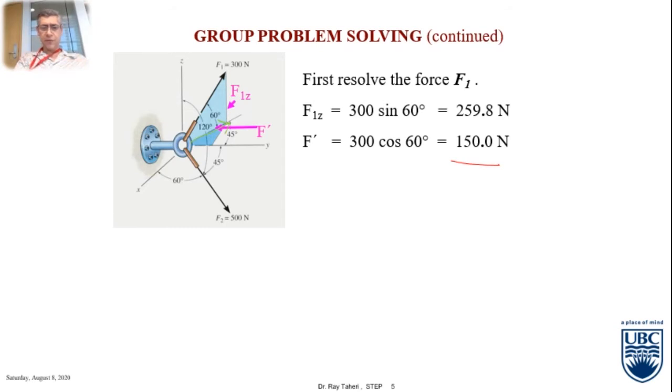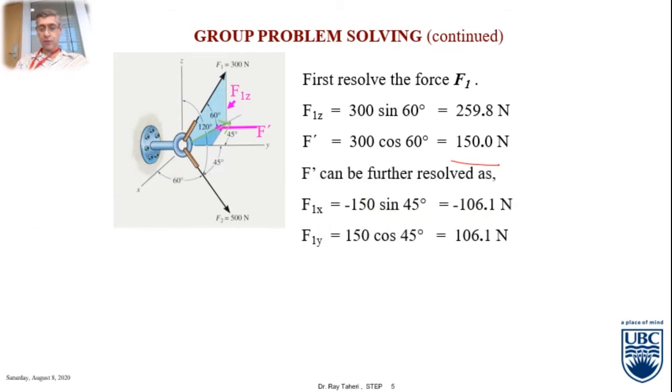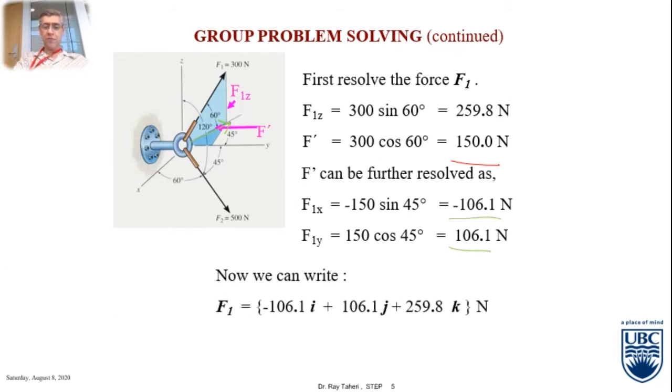And if you want to find the y components, obviously you can see the y component is in this case positive, so it's 150 cosine of 45, and the x component is negative. So we have the positive y, negative x. So this would be my F1.